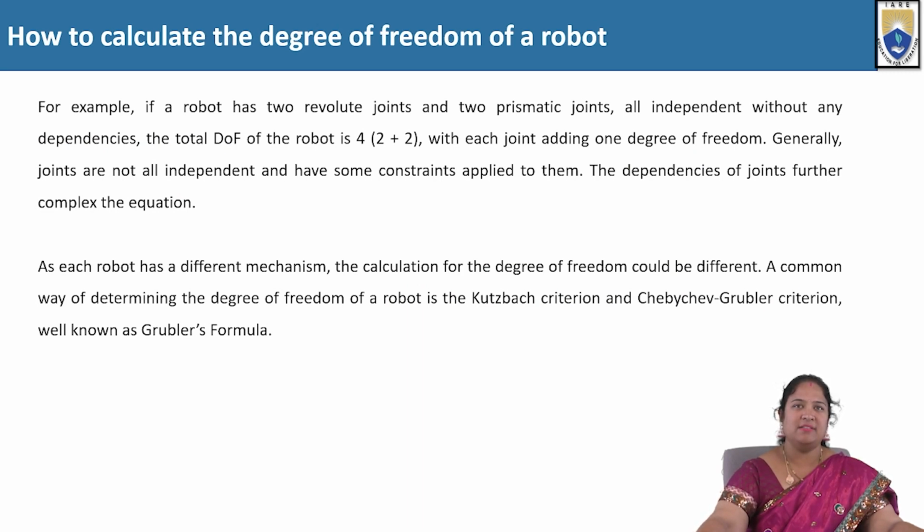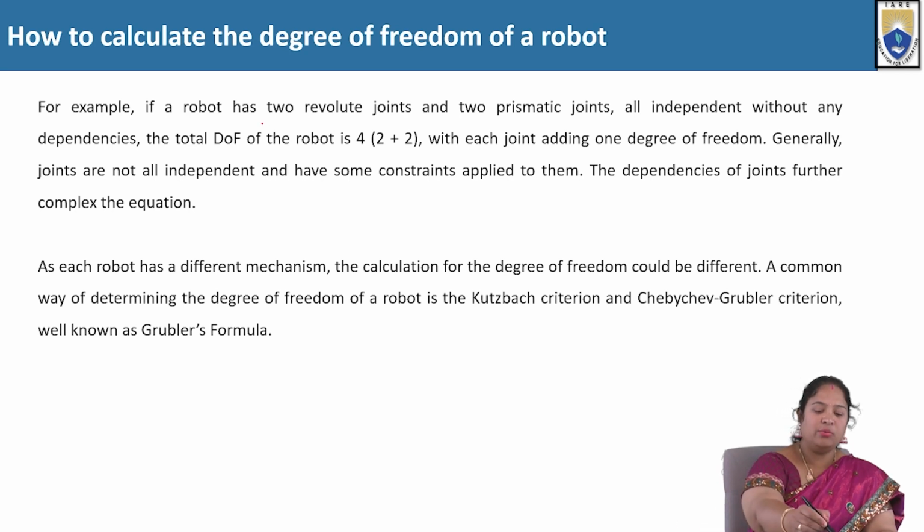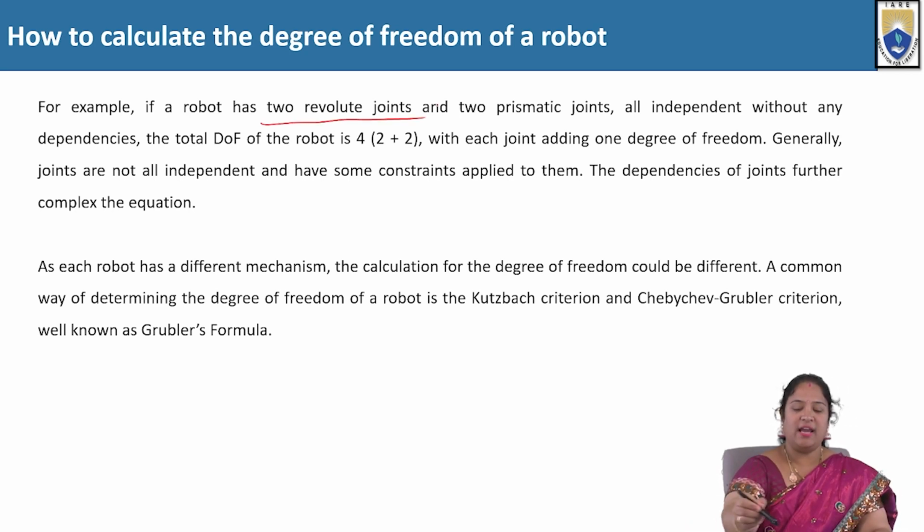For example, let us take a robot which is having 2 revolute joints and 2 prismatic joints. Clear? We are taking a robot where all the joints are independent, without any dependency.